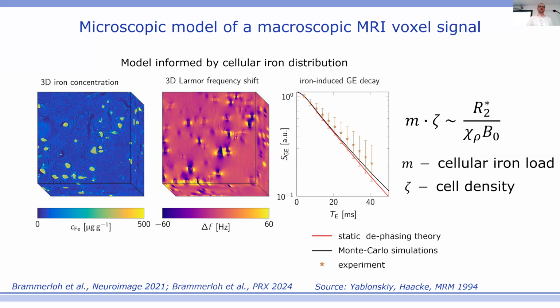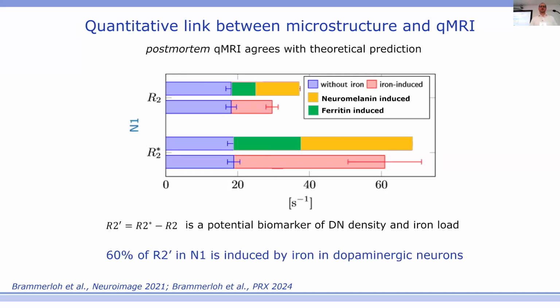Don't dwell on the details, but basically what that equation tells you is that by measuring the MR signal and knowing important constants, you can predict the iron concentration in the dopaminergic neurons. There's a lot of iron outside as well, not only in the neurons, but this is the main component that drives the signal. And you can see this here quite nicely.